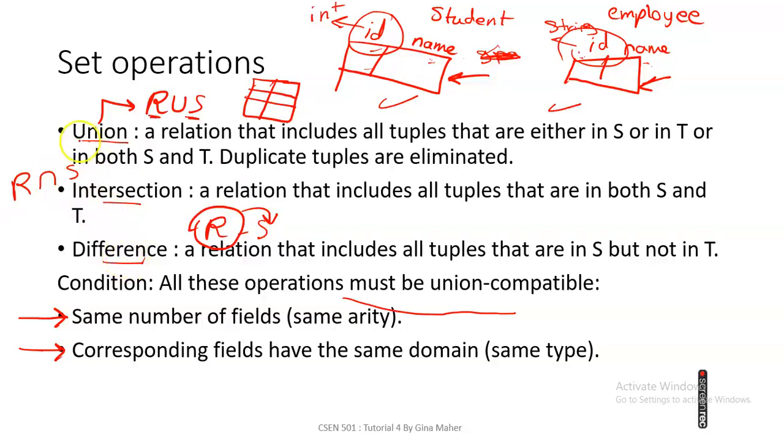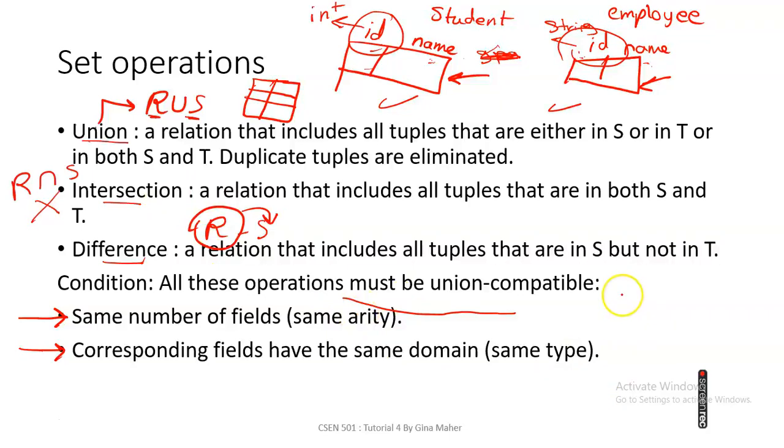Okay. The union and the difference are considered basic operations in relational algebra. However, the intersection is not a basic one because it can be deduced from the basic operations. How? Let's take an example.